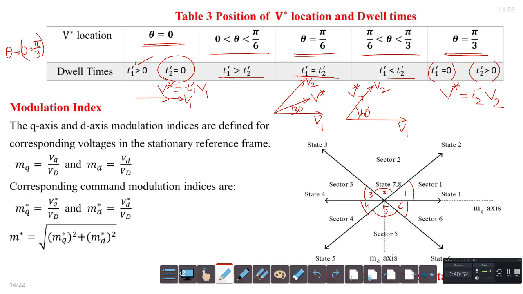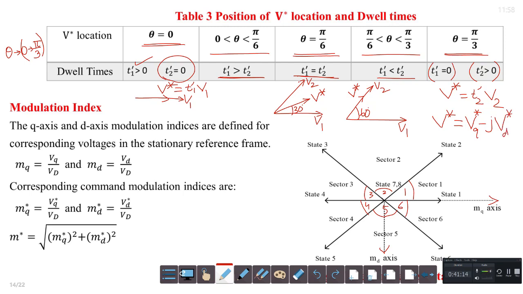Accordingly, we resolve along the components. This is the D axis and this is the Q axis. The reference voltage V star has two components, VQ star minus j VD star.